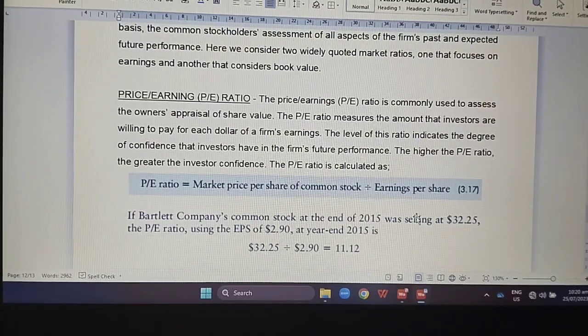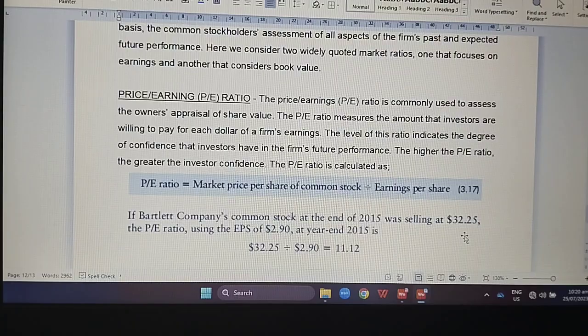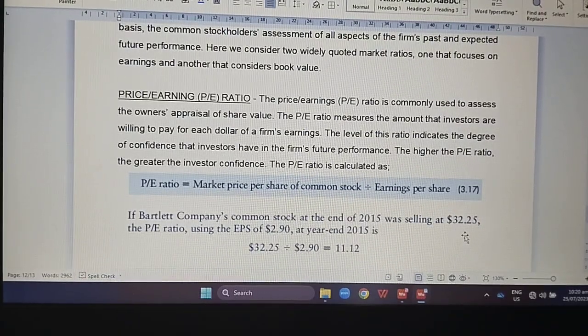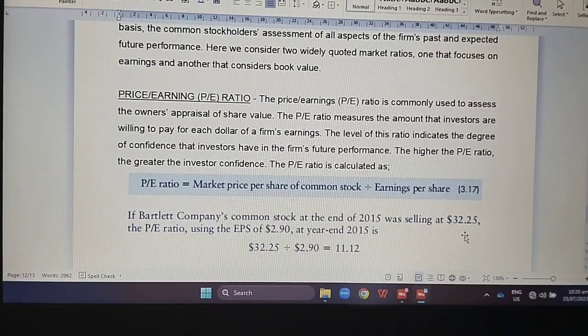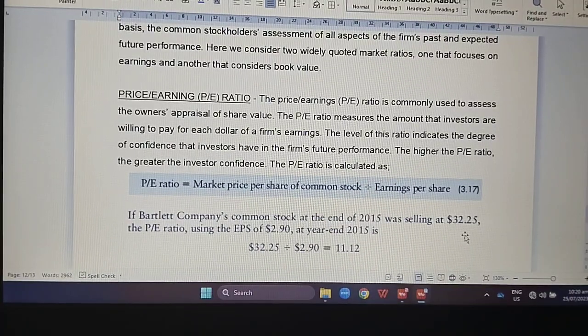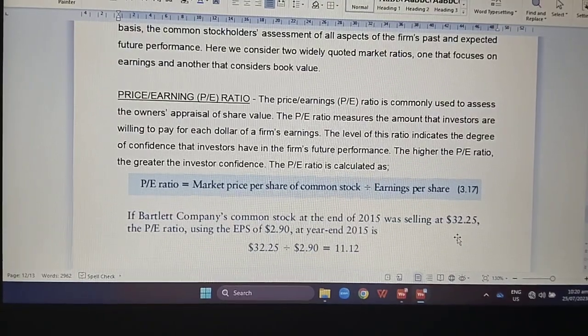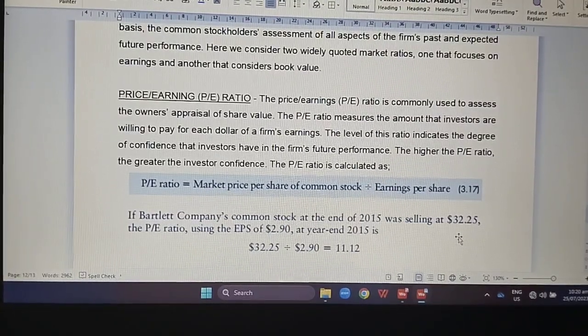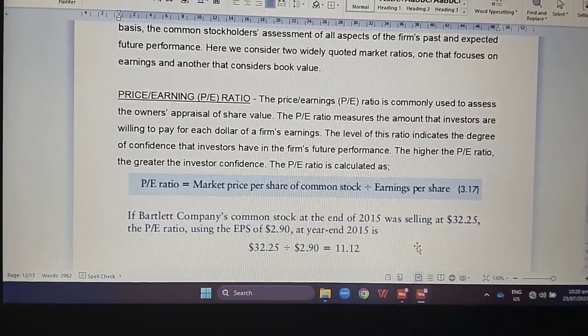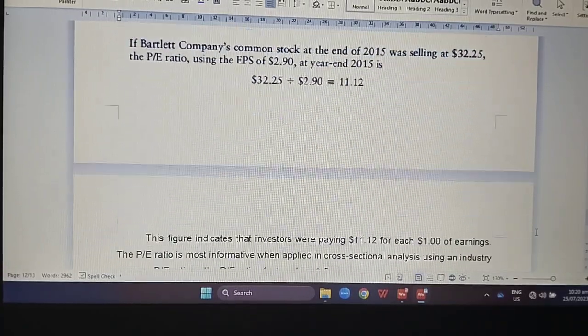So, the level of this ratio indicates the degree of confidence the investors have in the firm's future performance. Siyempre, the higher the PE ratio, the greater the investors' confidence. This time, it's 11.12. So, mataas naman. Okay? So, yung ganun din, it follows yung degree of confidence ng mga investors doon sa company ay tataas din.